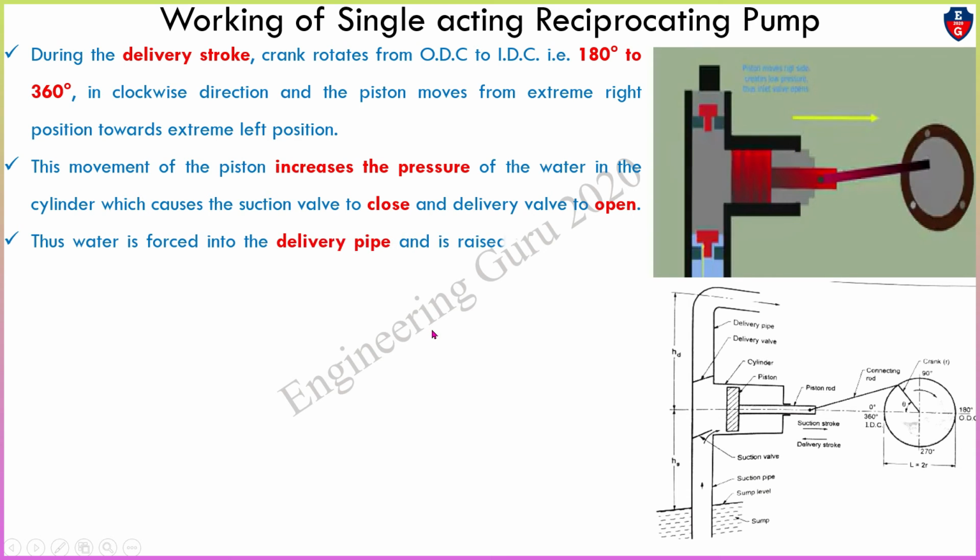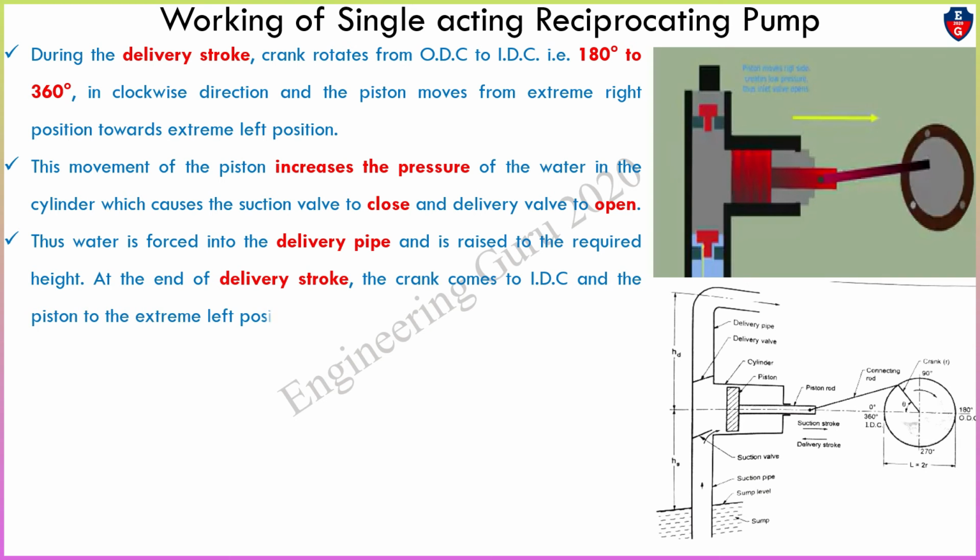Thus, the water is forced into the delivery pipe and raised to the required height, and at the end of the delivery stroke the crank comes to IDC and the piston to the extreme left position, moving like this.